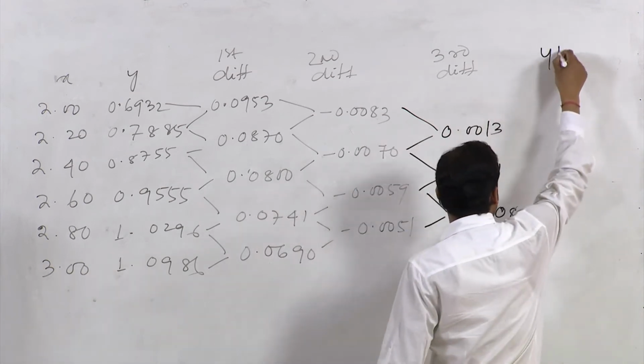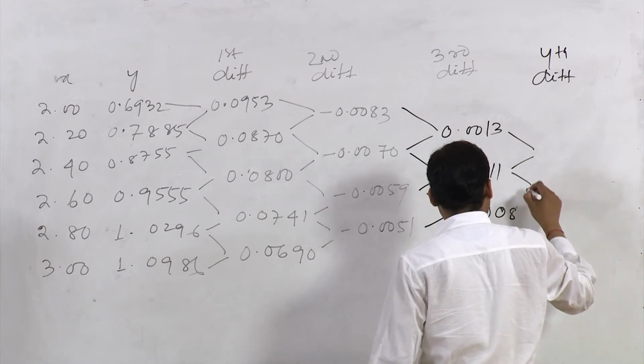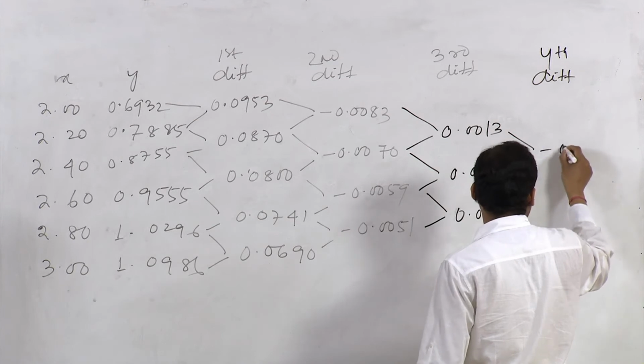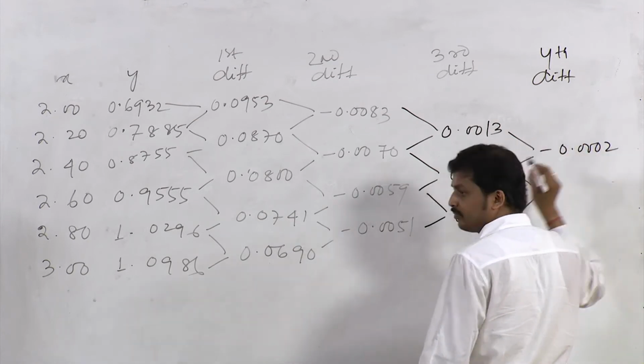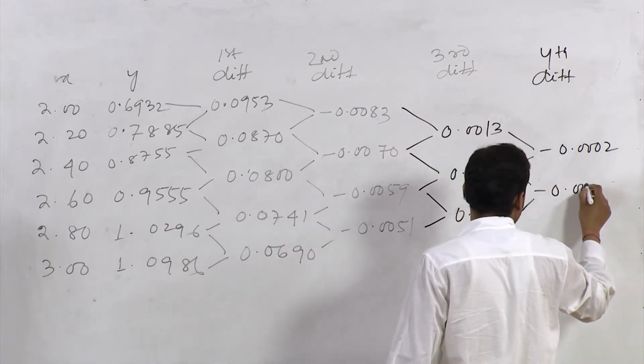And in the fourth differences, we get minus 0.0002, and the last one minus 0.0003.